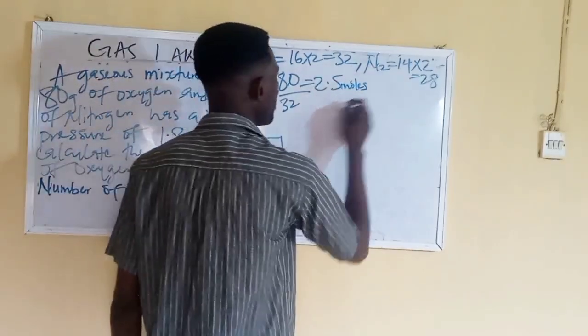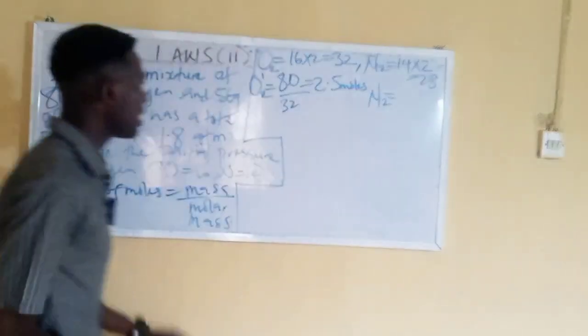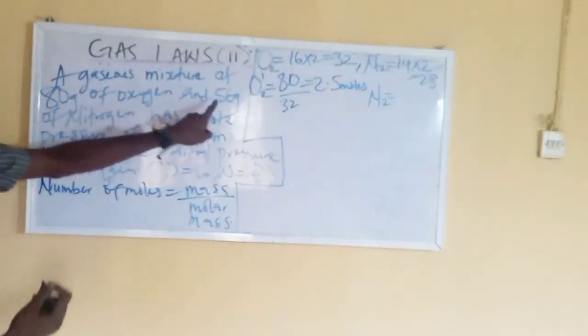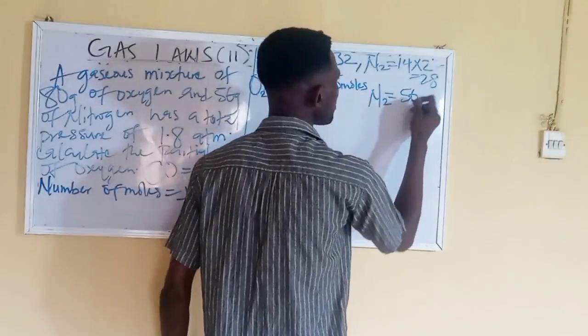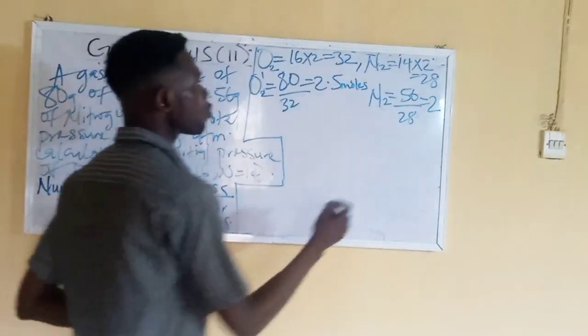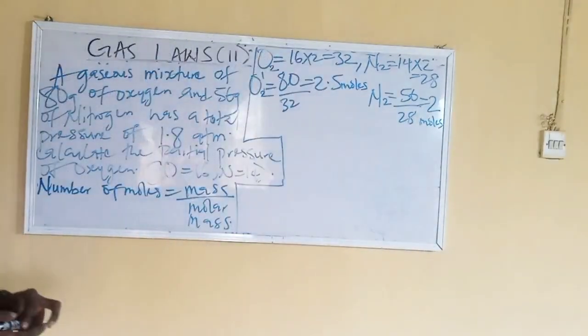Now let's go to N2. The mass is given as 56 grams of nitrogen. So 56 divided by 28 gives you 2. So we have 2 moles of nitrogen and 2.5 moles of oxygen.